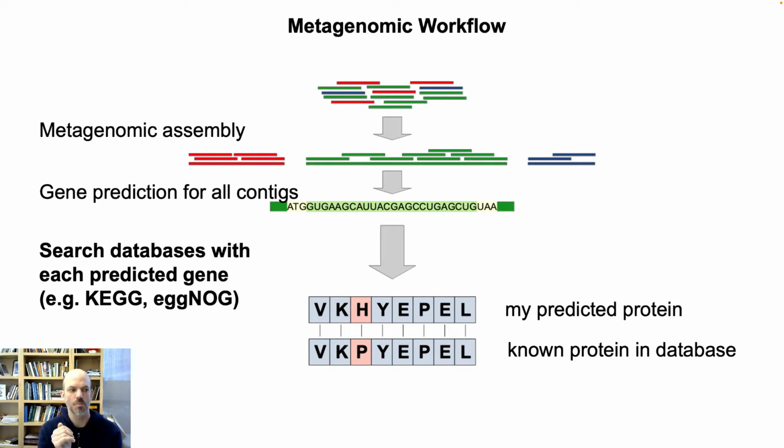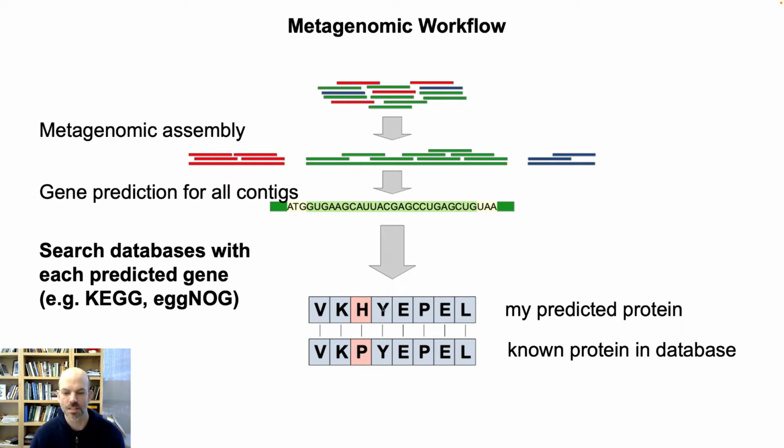The point that I'm going to focus on right now is, what do you do with those predicted protein sequences? The answer is you compare them to a database, and usually to multiple databases. In this simplistic example on the PowerPoint slide, we have this protein sequence encoded by our gene in our metagenome.